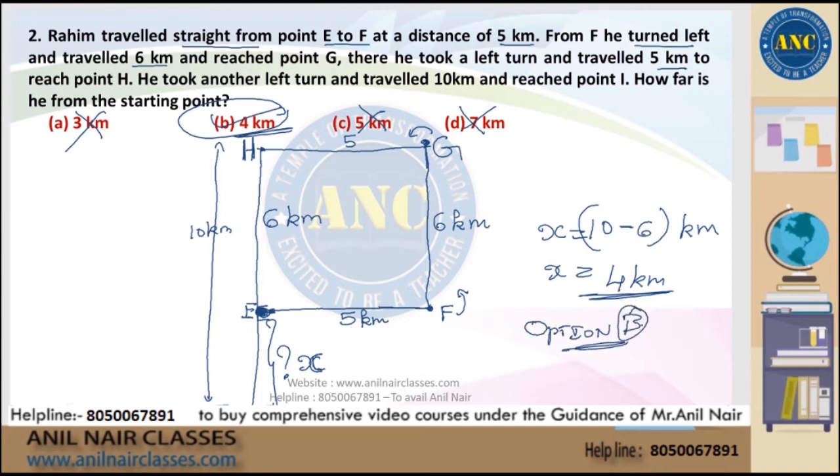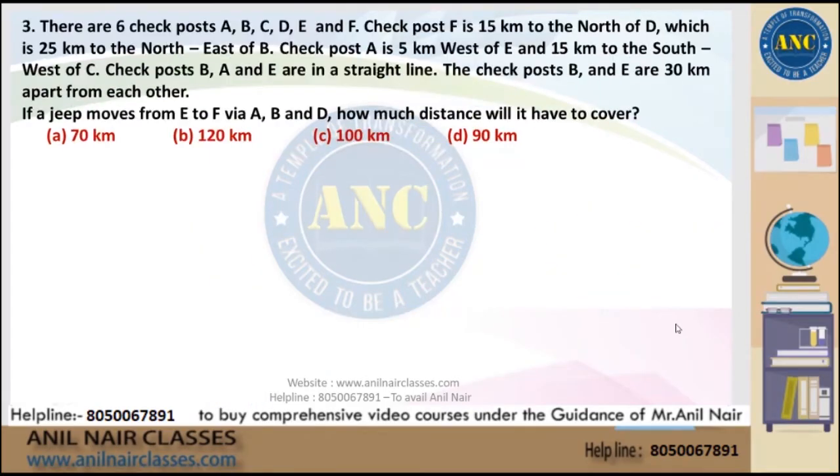Okay. Now let's go to the next question. There are 6 checkposts A, B, C, D, E and F. Check post F is 15 km to the north of D, which is 25 km to the northeast of B. Check post A is 5 km west of E and 15 km to the southwest of C. Check posts B, A and E are in a straight line.